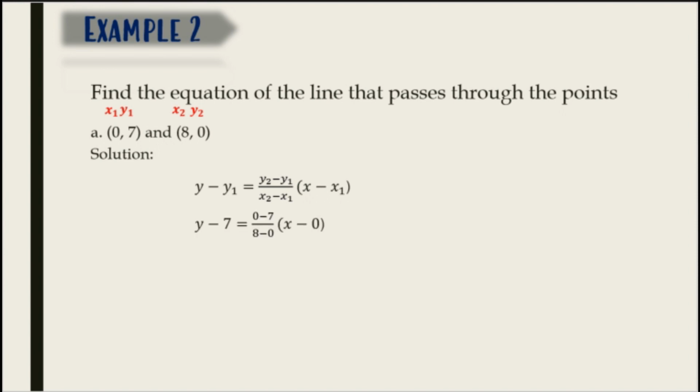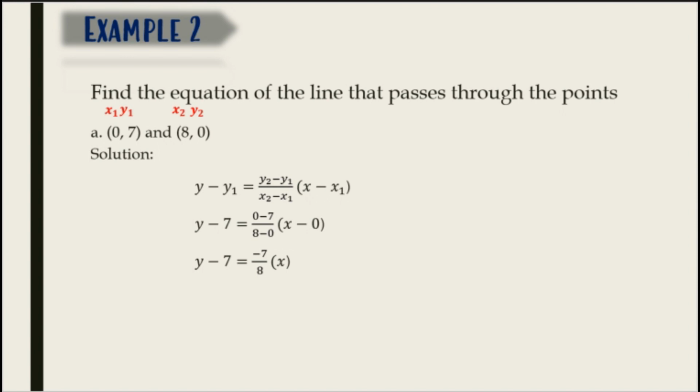We obtain y minus 7 equals 0 minus 7 all over 8 minus 0, quantity x minus 0, and then simplify. We get y minus 7 equals negative 7 over 8 times x.